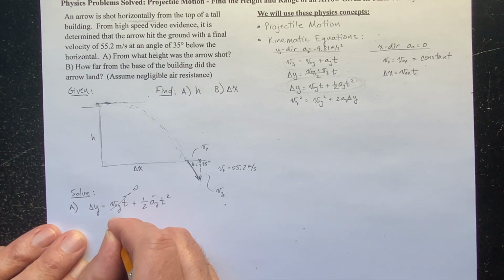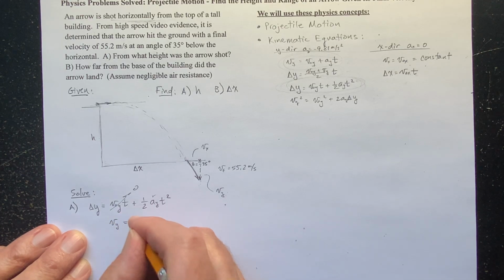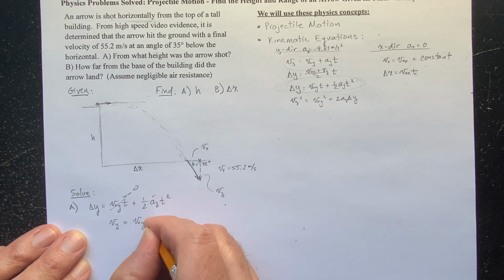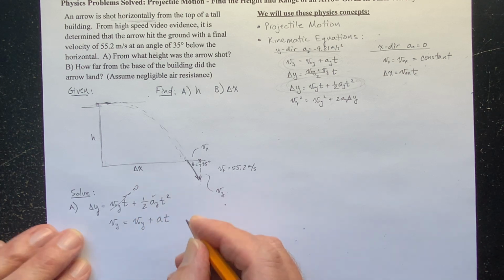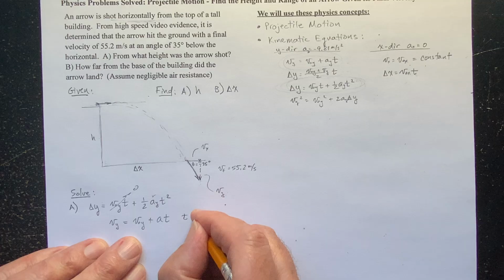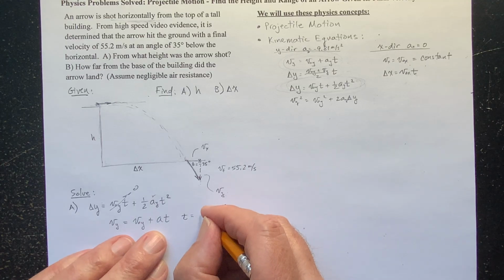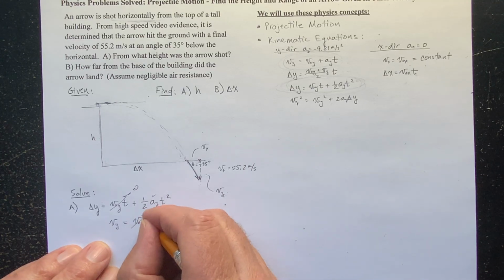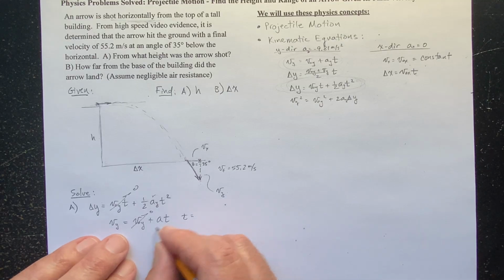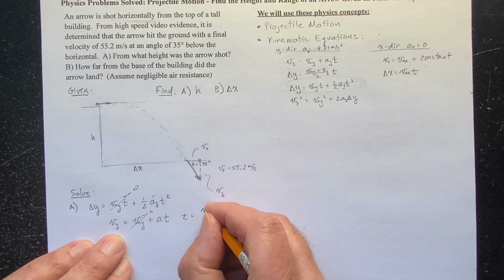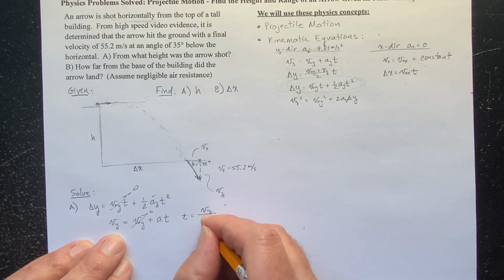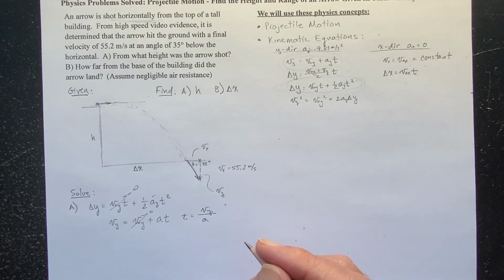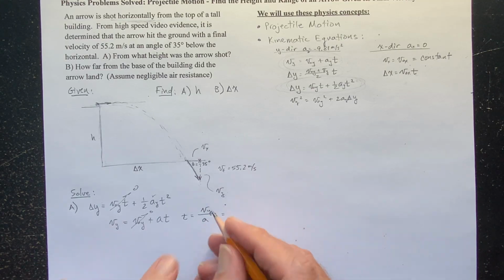So the final velocity in the y is equal to the initial velocity in the y plus the acceleration times time. So time is going to be equal to that, well, this is 0. So I'm just going to divide this by the acceleration. So it's going to be the final velocity in the y direction divided by the acceleration. Now we can plug in values.